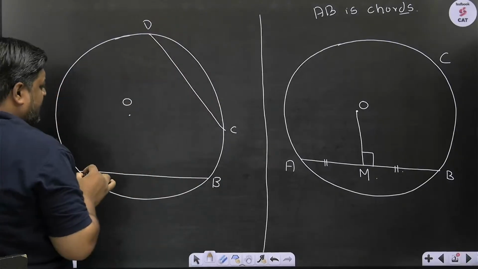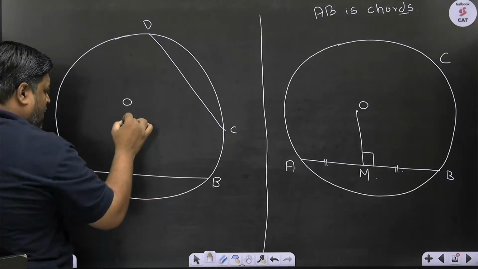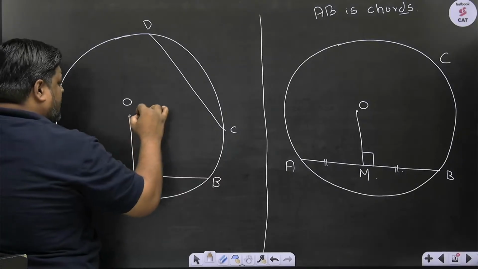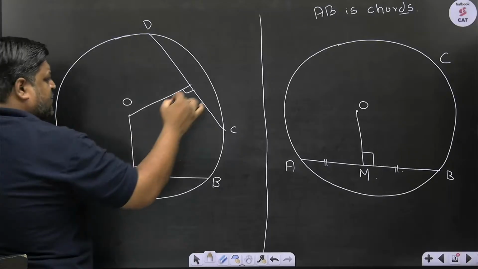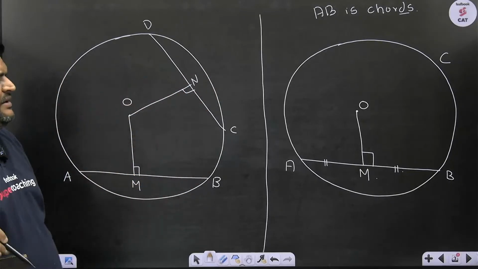Now, let me draw perpendiculars from the center to the chords, OM and ON. These are perpendiculars.